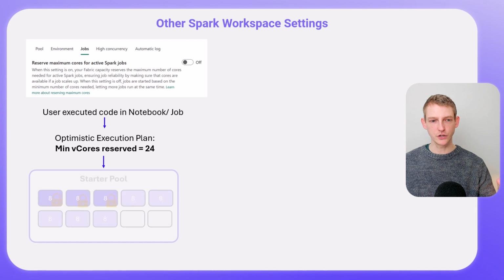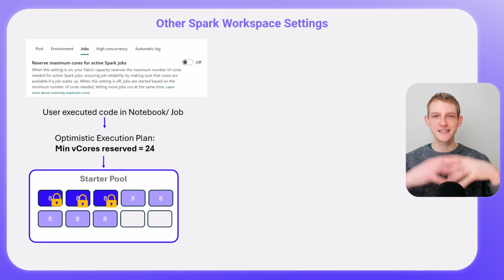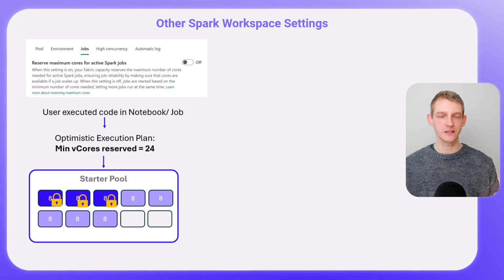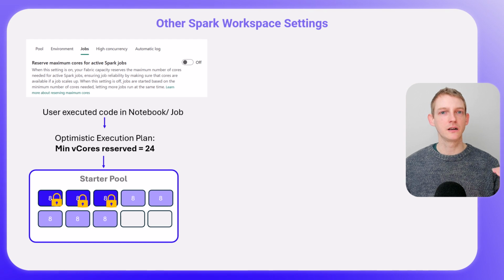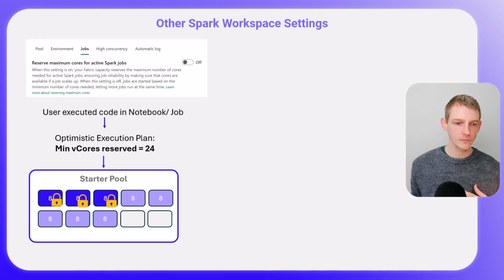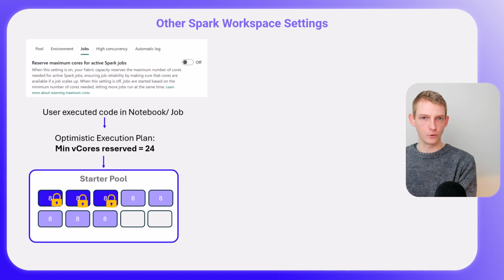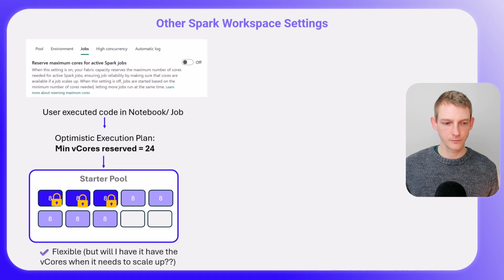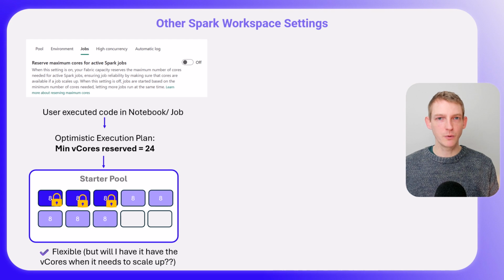So going back to our example here, if we've got a 10 maximum node cluster, well, the minimum when we plan the job is going to be 3. So it's going to reserve 3 nodes in our architecture, leaving the others available for use by other jobs or other people. So it's flexible, but sometimes when we go to scale, we do know what the maximum is, but it doesn't reserve the maximum.